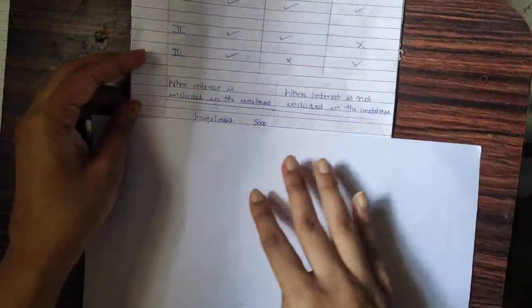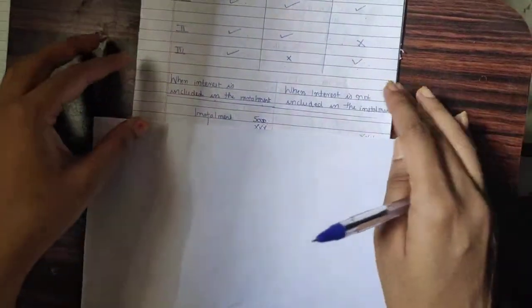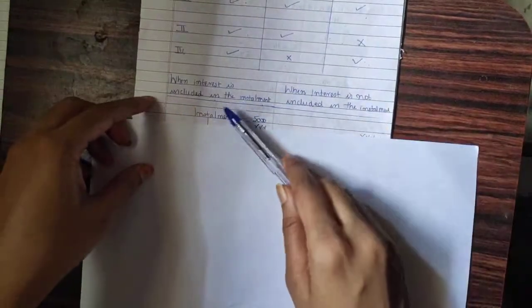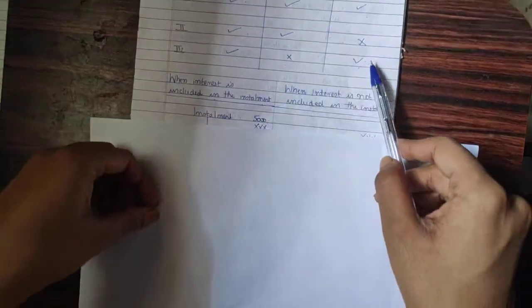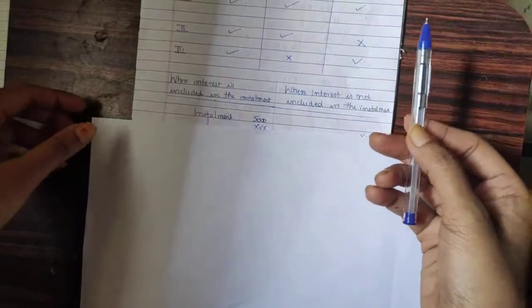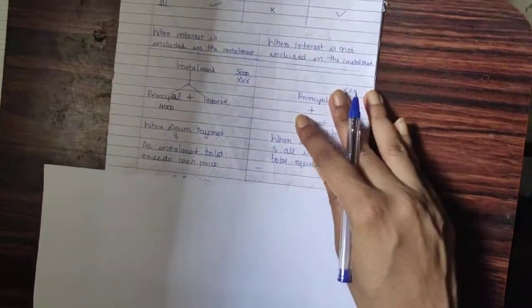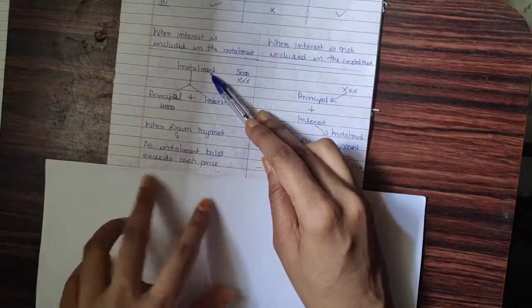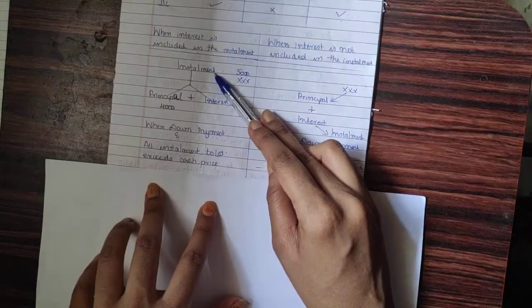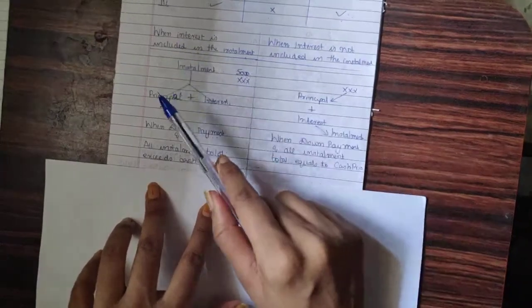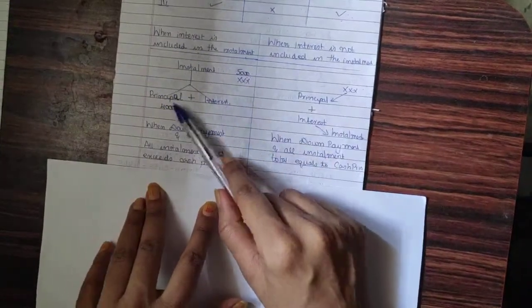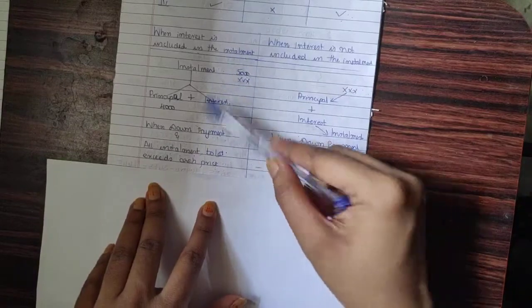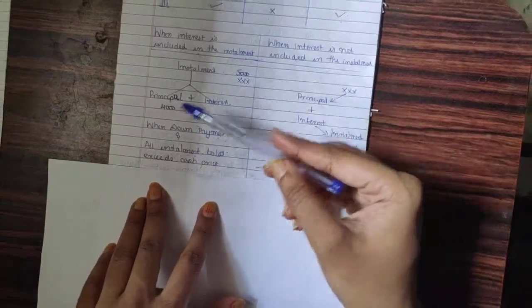The second thing that we need to know when we look into a problem is whether the interest is included in the installment or not. Now, how do you figure it out? To explain that, the installment amount is actually equal to the principal amount plus the interest amount in this particular scenario.